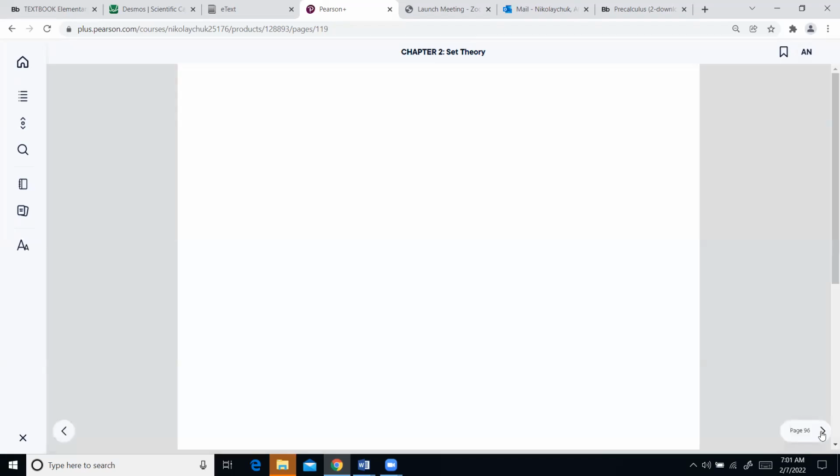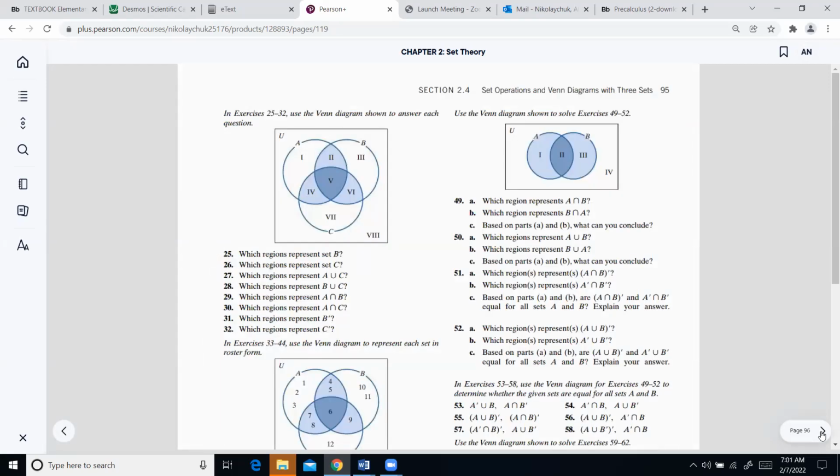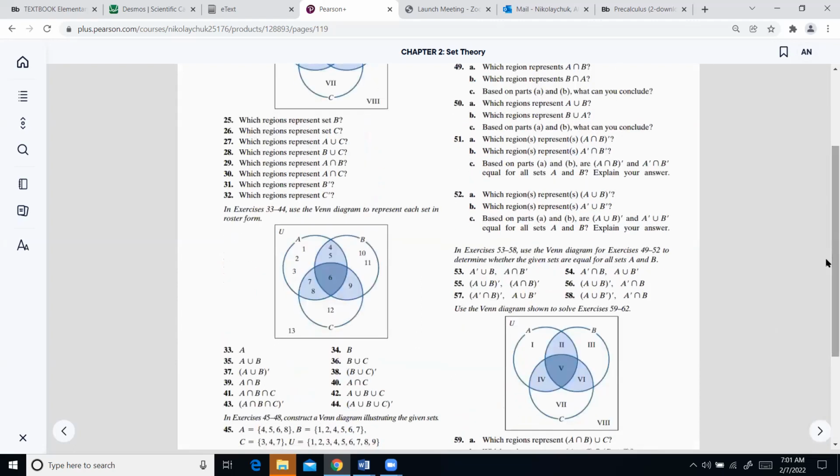So let me find the problem that we did for the quiz last time. I think it was number 34, right? So exercise 34. Yes. Thank you. We were supposed to list the elements of the set B, and I guess pretty much everyone did it absolutely correctly.